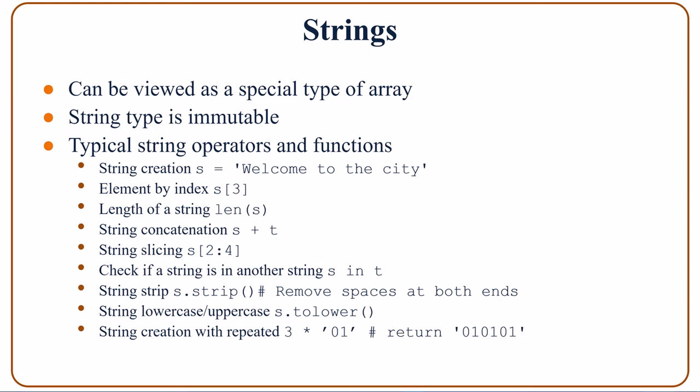If you want to convert a string to lowercase or uppercase, then we use the methods lower or upper. If you want to create a string with repeated substrings, for example, 3 times the substring "01" would give a string that is composed of 0, 1, 3 times.